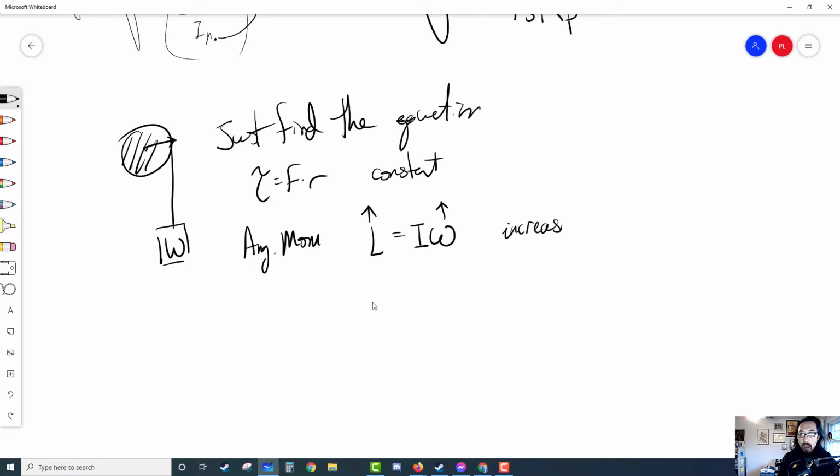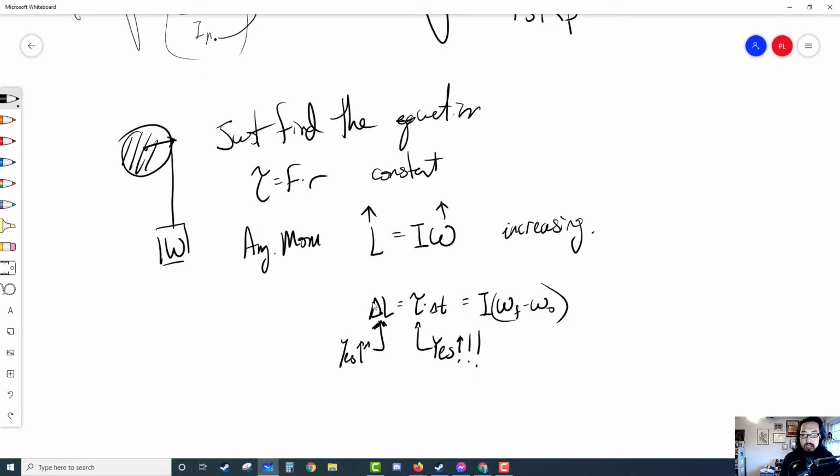Another way you could look at this is the change in momentum equation, which is equal to torque times the change in time, which is equal to I times omega final minus omega initial. And we know that because there is a torque, there is a change in momentum.